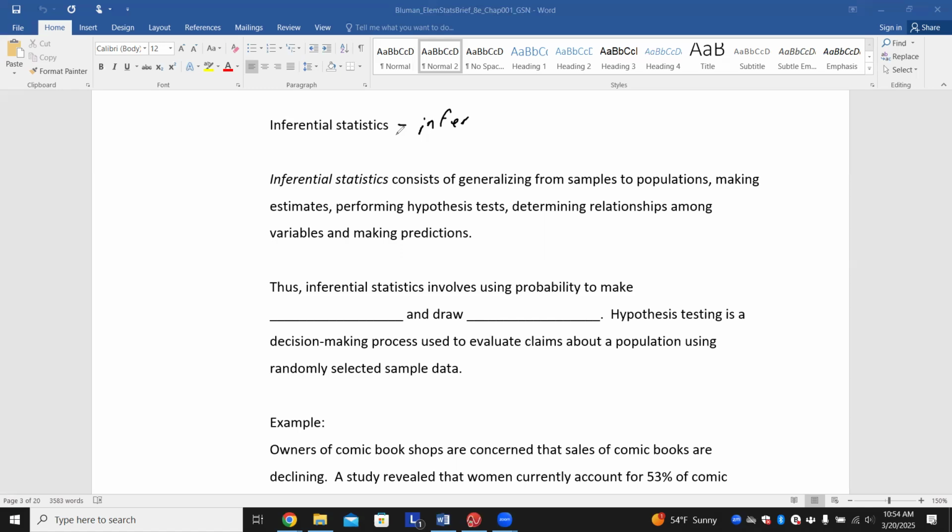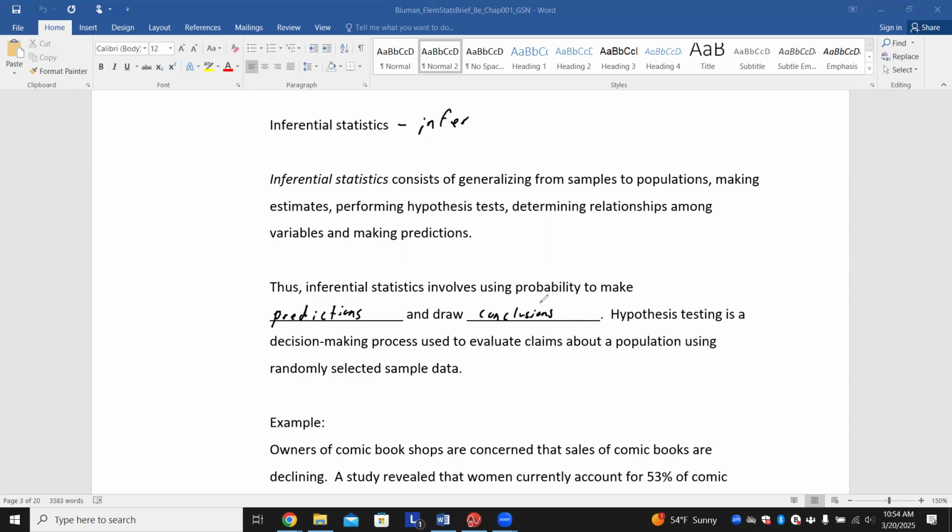All right, so thus inferential statistics involves using probability to make predictions and draw conclusions. Hypothesis testing is a decision-making process used to evaluate claims about a population using randomly selected sample data.